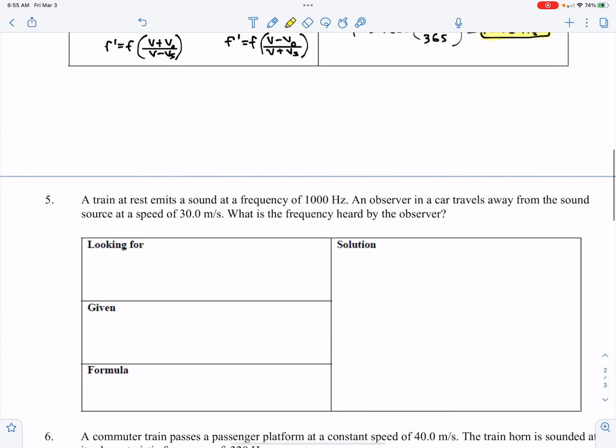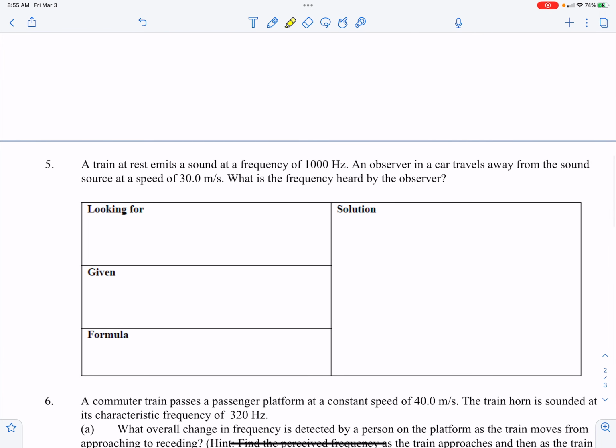Question number 5. A train at rest emits a sound with a frequency of 1,000 hertz. So again, we're given the actual frequency of the train whistle. An observer is traveling in a car away from the sound with a speed of 30 meters per second.